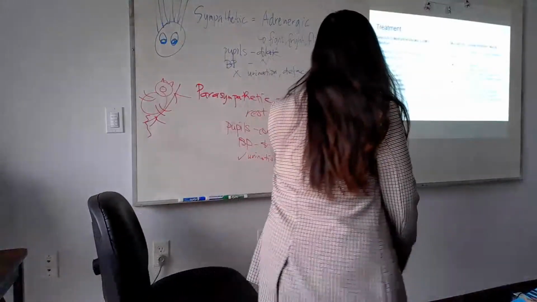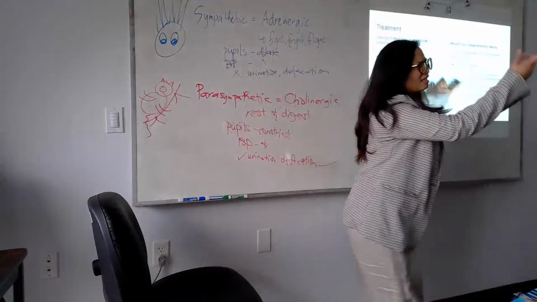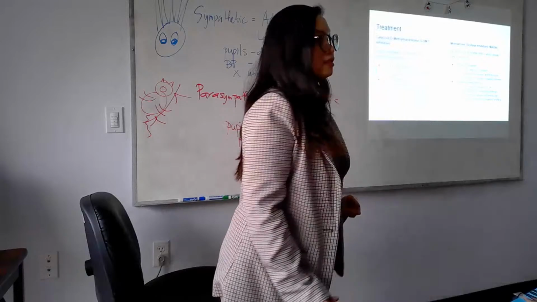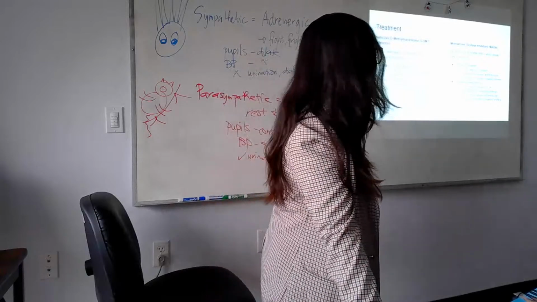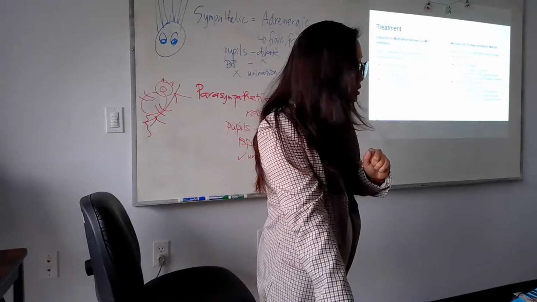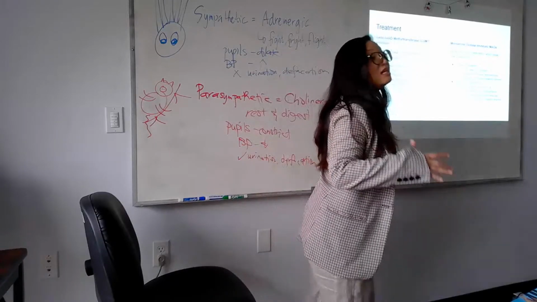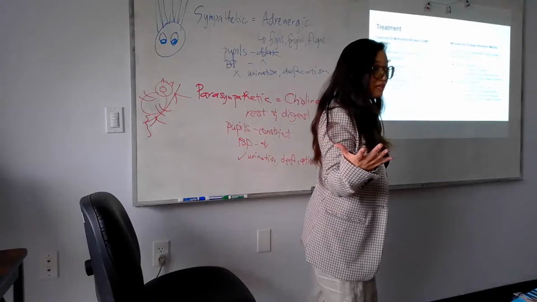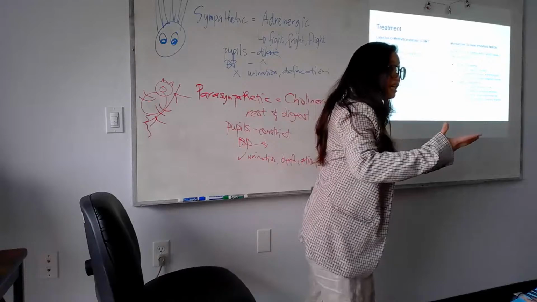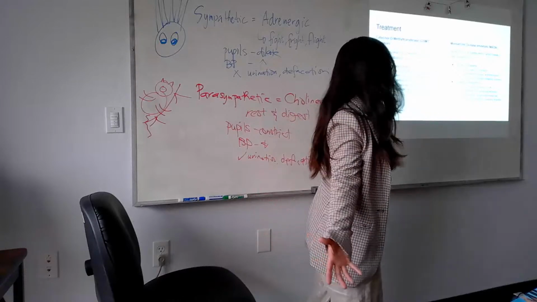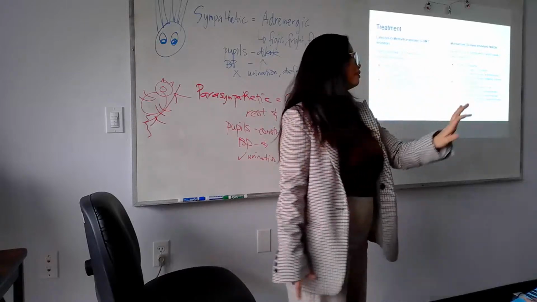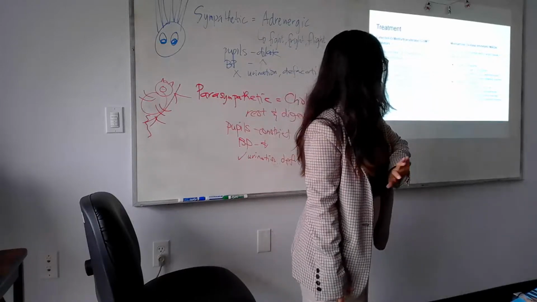Say COMT inhibitors. Say catechol-O-methyltransferase. Do not forget the word inhibitors because that makes a whole lot of difference. Agonist versus antagonist: agonist stimulates, antagonists are blockers. Same as inhibitors, they block. So, say Tasmar, tolcapone.